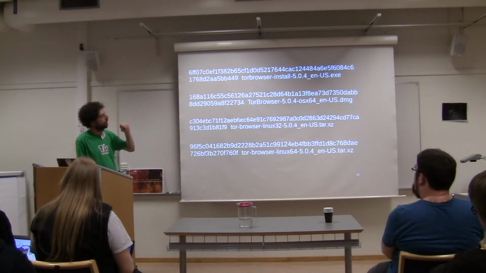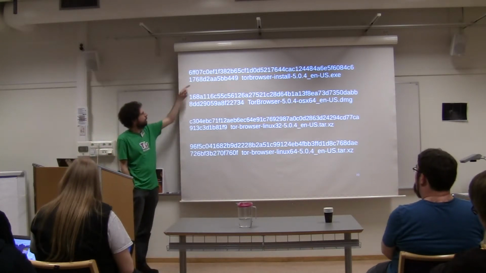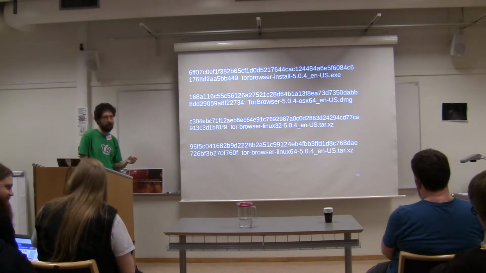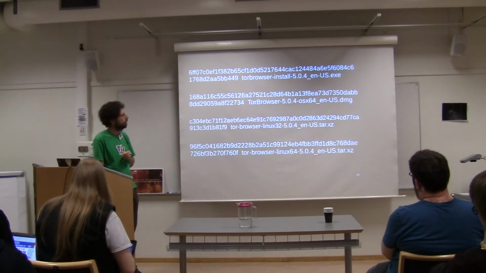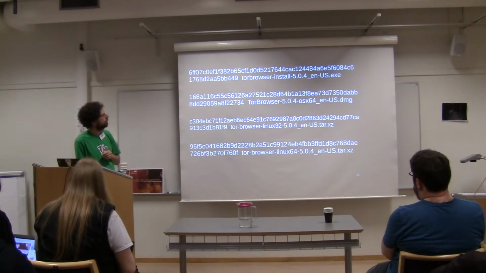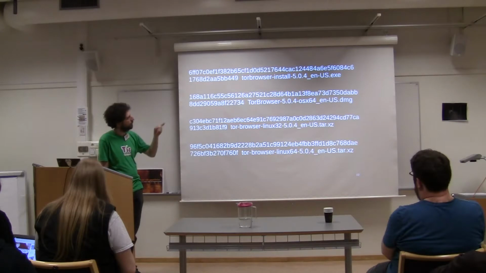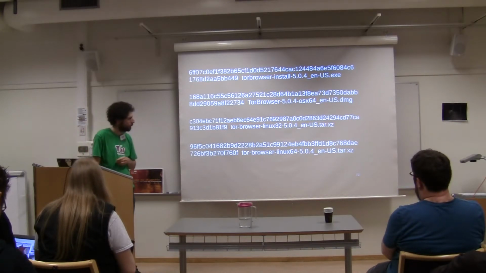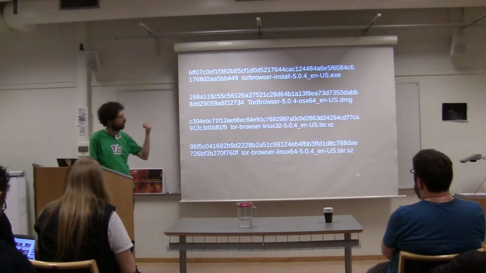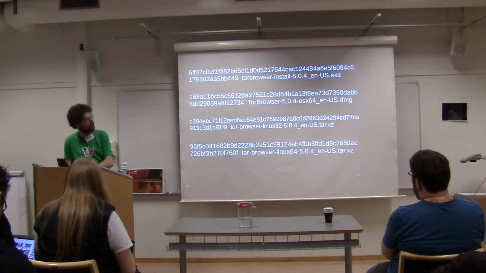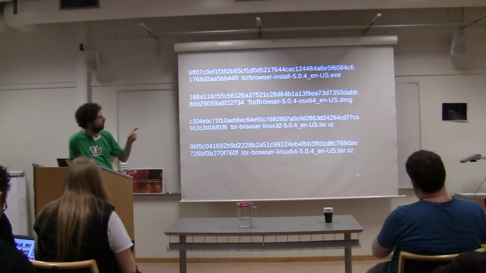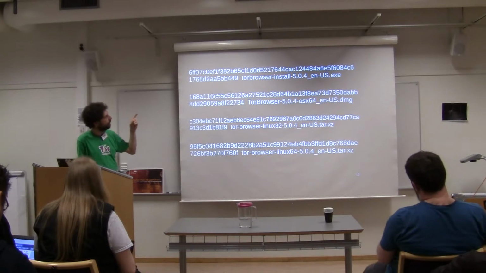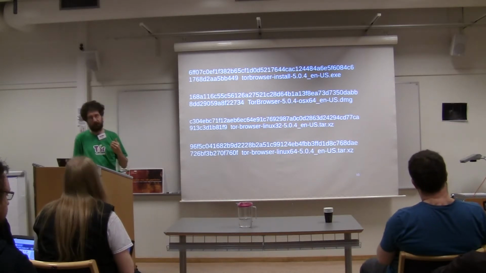It doesn't help if you just take the first 10 or the first 5 or something like this, because that can be easily created, giving you a modified Tor bundle. So what you need, as I said, is executing this command here and then making sure that every digit and every letter is the same as you see here.